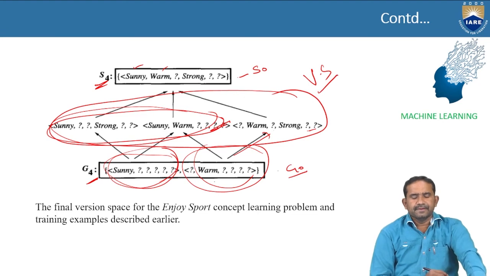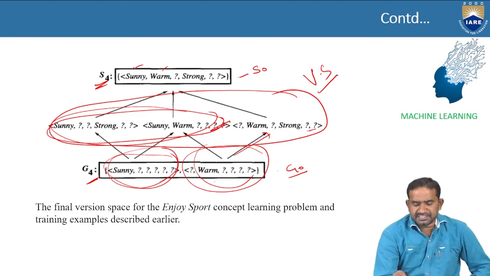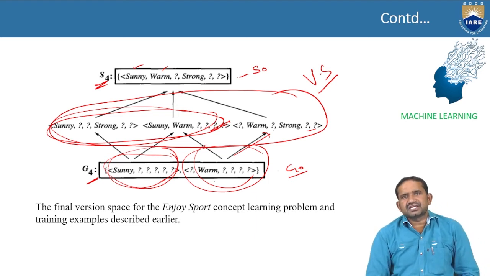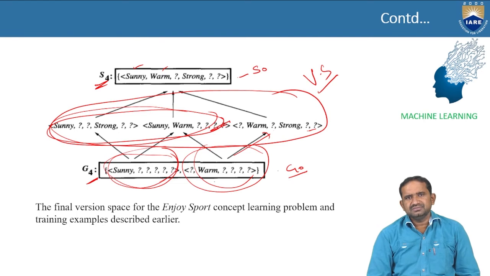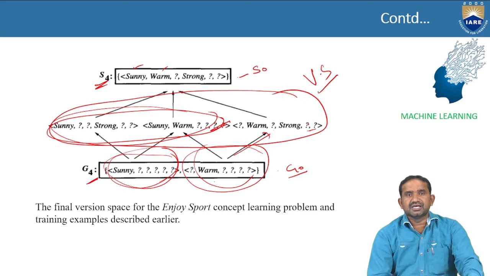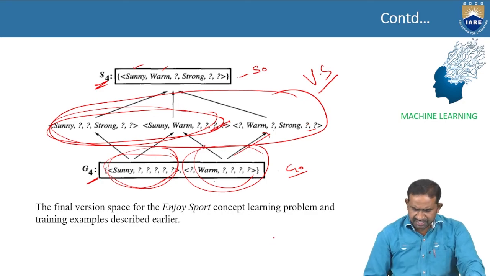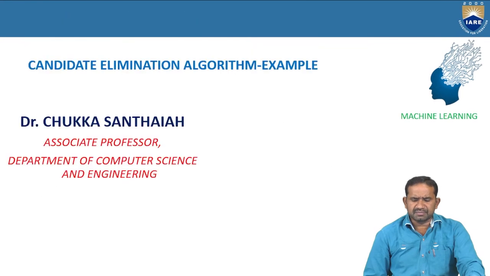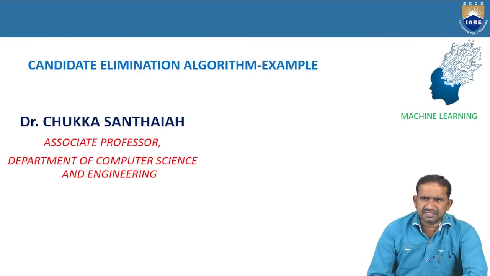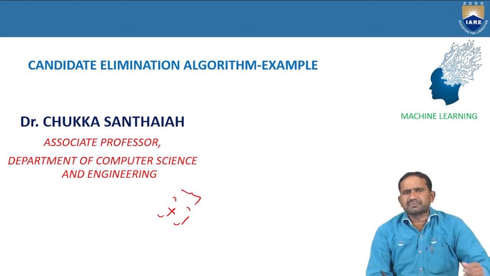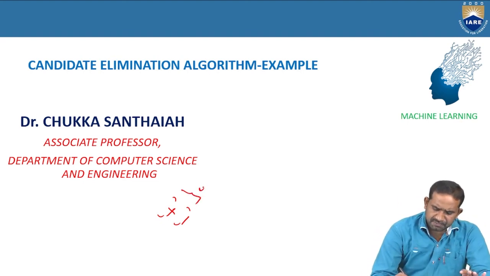The version space is generated from the combination of the generalized as well as specialized hypotheses. So it is a version space of hypotheses. Mainly, the candidate elimination algorithm considers positive examples as well as negative examples.